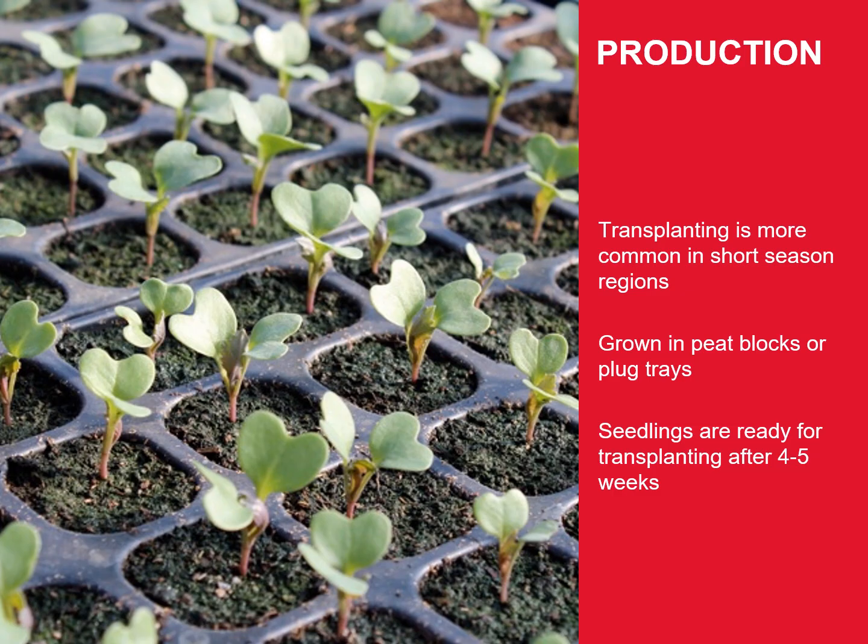Transplanting is becoming more common in short season regions because it allows an extension to the season and allows the crops to get off to a much quicker start. Generally, as with cabbage and also with lettuce, as we talked about in previous screencasts, the seedlings are grown in peat blocks, in plug trays or in module trays. And for broccoli, it takes around 4 to 5 weeks for them to reach the transplanting stage.